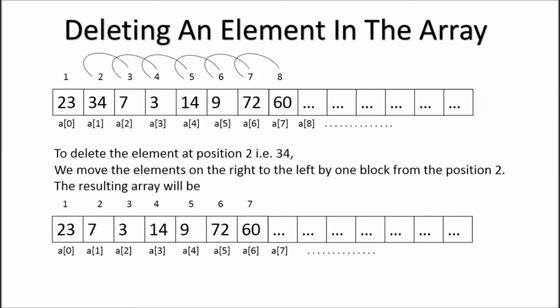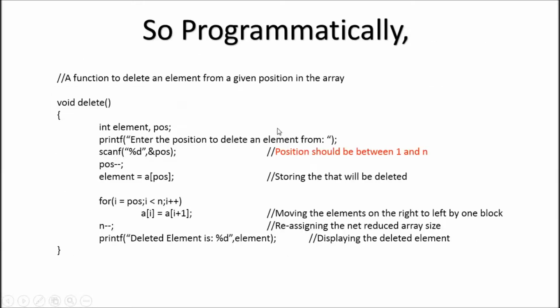And you can see here that the for loop should range from the position, that is 2, till the last element 7, and that is why the for loop is ranging from position till 7. And this is what we have to write to move the elements on the right to left by one block, and we update again the n variable, the size variable, with its net reduced array size.